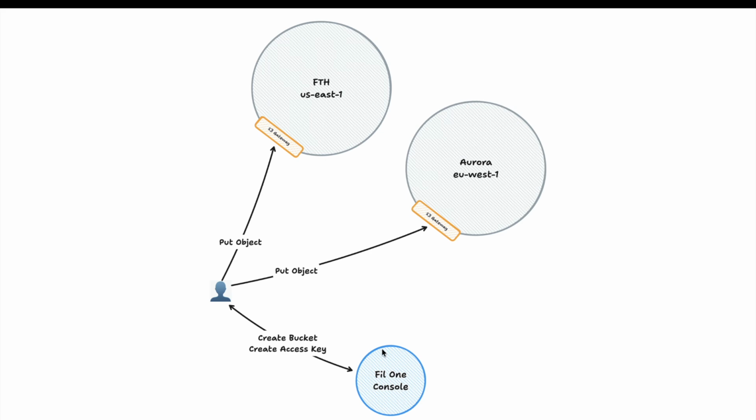We've got a Fil One console over here, and we've got our users who will typically log in to the Fil One console, and they will create buckets, create access keys. But for the most part, they will talk directly to these regional providers like FTH, like these little yellow bits, which is the kind of S3 gateway, the API to talk S3 to these regional providers.